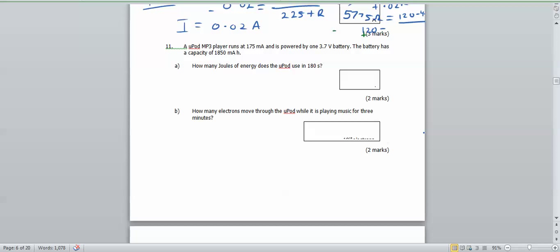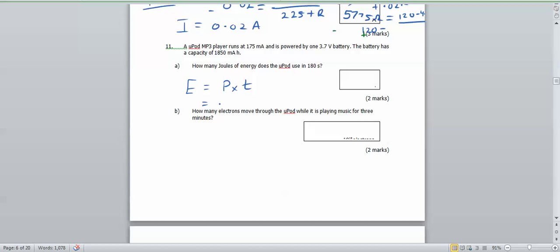A UPod MP3 player runs at 175 milliamps and is powered by a 3.7 volt battery. The battery has a capacity of 1850 milliamp hours. How many joules of energy does the UPod use? So energy equals power times time.